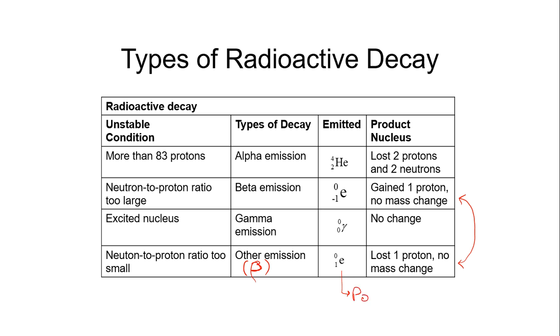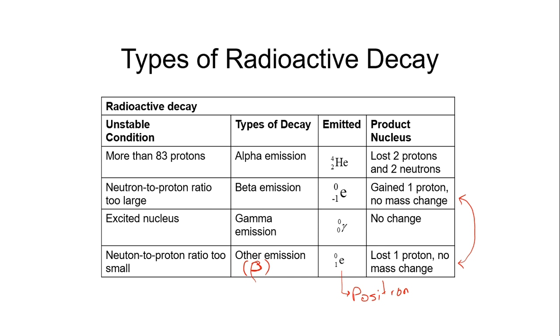This is what we call a positron. These are far rarer in nature. You won't see them most of the time, and when they do exist, they often die out very quickly through processes I won't get into here. But it's pretty much the same thing as a beta emission, but dealing with a positron instead of an electron.